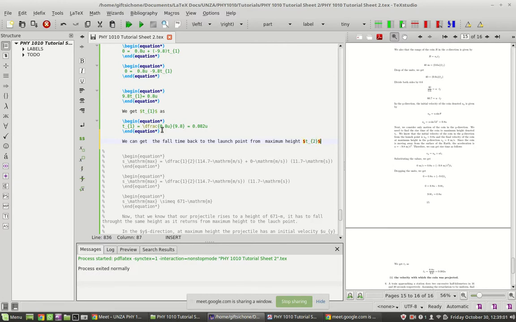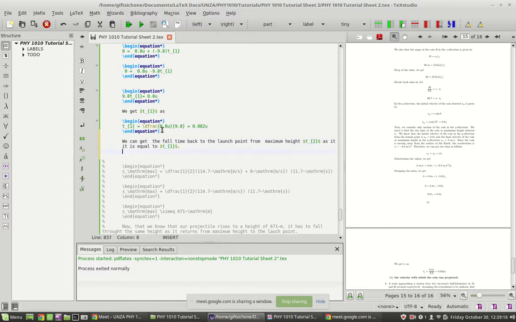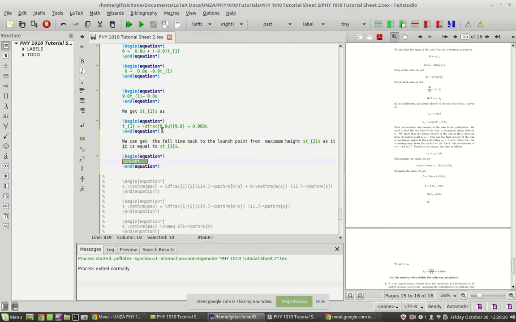We know from experience that it is equal to T1. T2 is cos of T1.